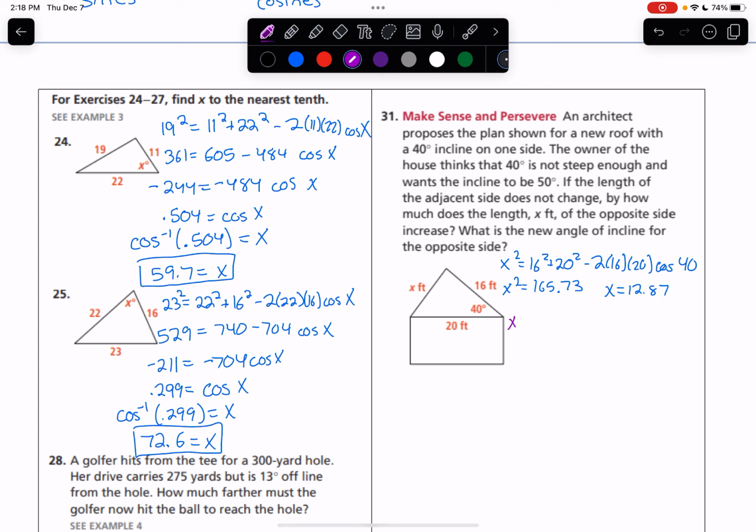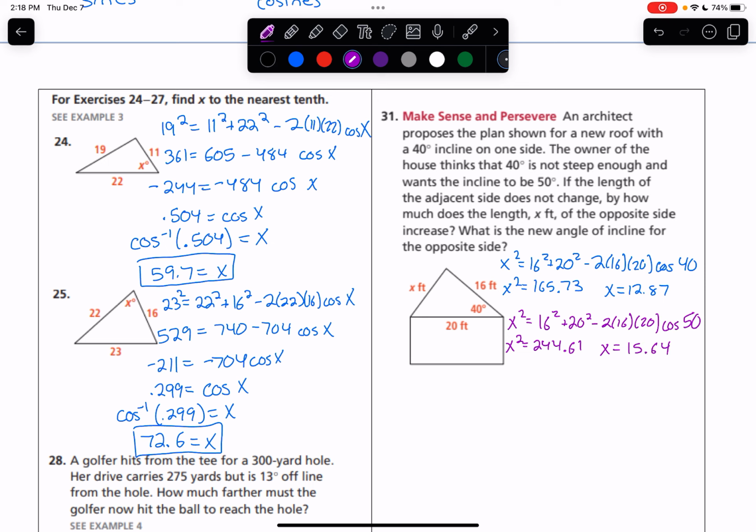So we've got x squared equals 16 squared plus 20 squared minus 2 times 16 times 20 cosine of 50. And then we'll go ahead and solve that. We find that x squared equals 244.61. Take the square root of both sides, and we get x is equal to 15.64.